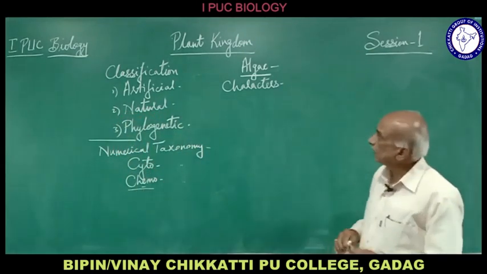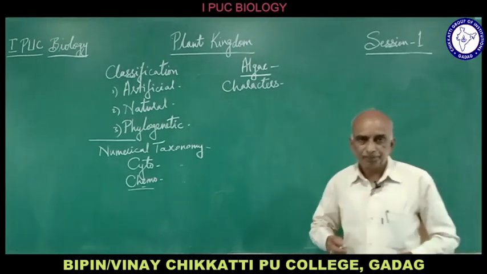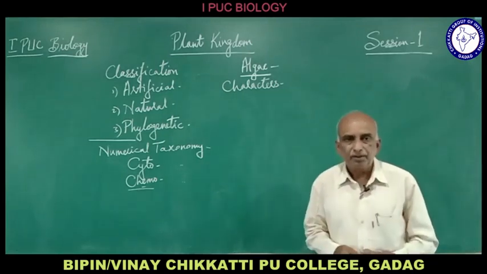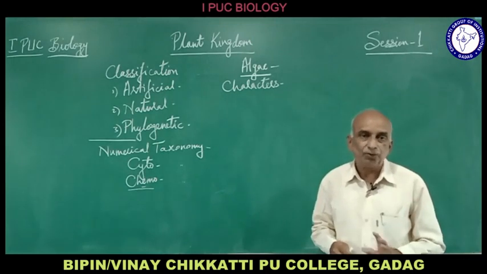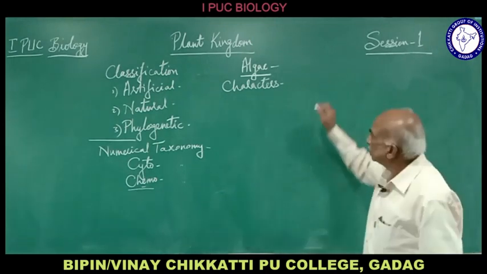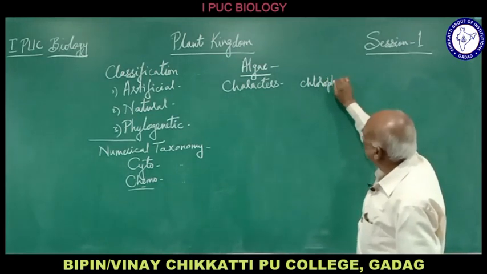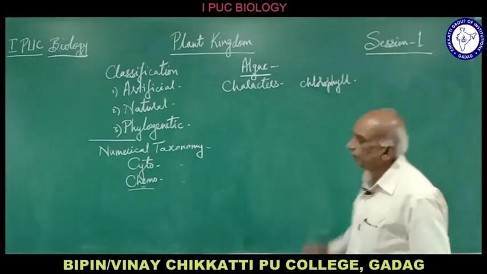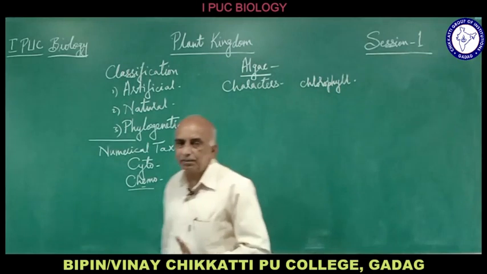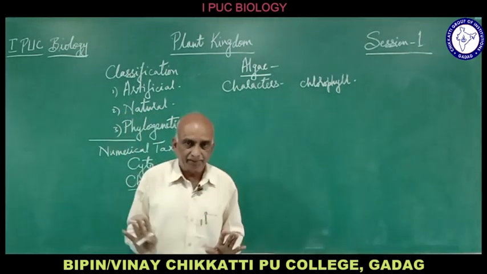Now, characteristics of algae. Algae are organisms which contain chlorophyll. So when they contain chlorophyll, definitely we can say one point about that. They are independent.